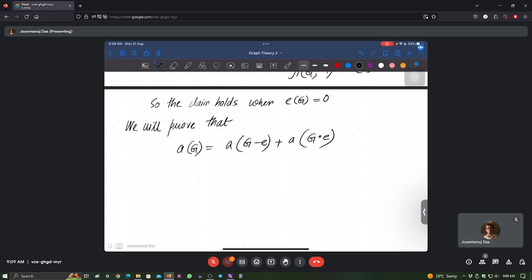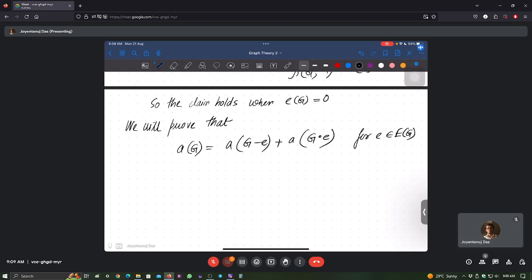The deletion and contraction, there is a relation for e belonging to the edge set. So if e belongs to the edge set, then A of G is related like this. Once we prove that, then we can apply the recurrence relation on A for the induction hypothesis, right?